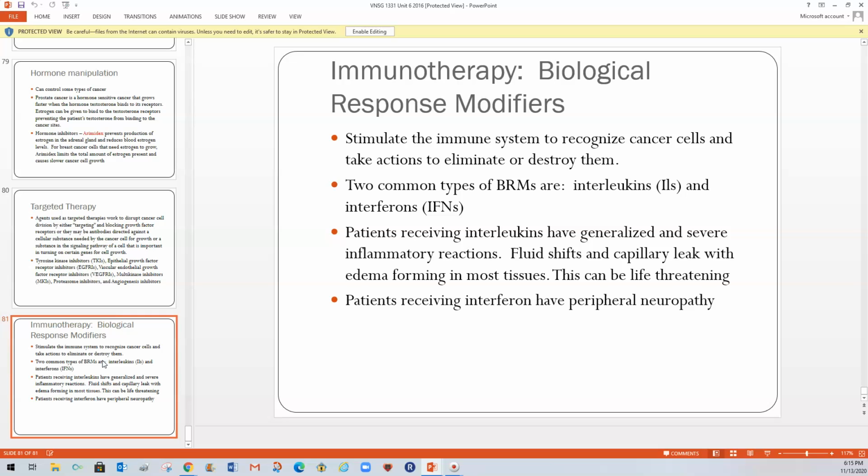These patients have generalized and severe inflammatory reactions, fluid shifts, capillary leak with edema forming in most tissues. This can be life-threatening. Patients receiving interferon have peripheral neuropathy. So we're hurting our patients at the same time that we're trying to help them, but it is needed.